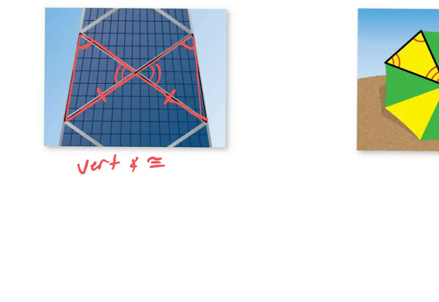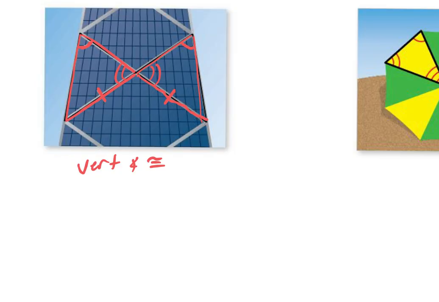Okay, and some people like to start at the side. Okay, and I get that, because that's what we've been doing for the last week or so. But if I went in order here, this would be side, angle, angle. Well, we don't have a side, angle, angle. But if I reversed and went the other direction, what kind of piece do we have right here? Angle, angle, side.